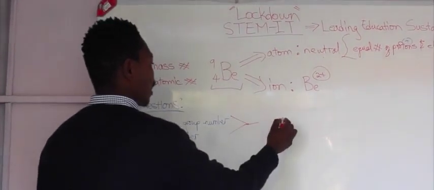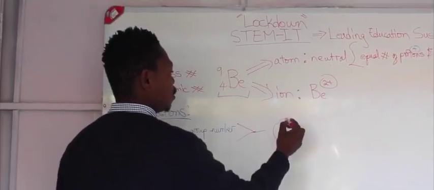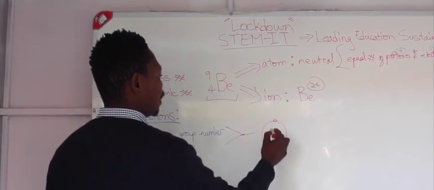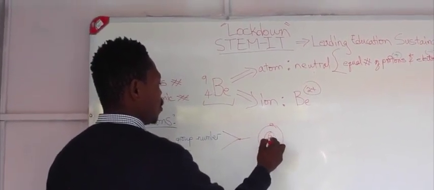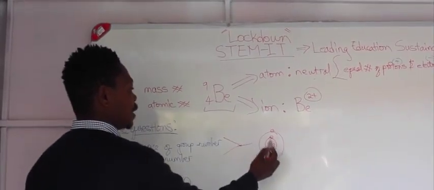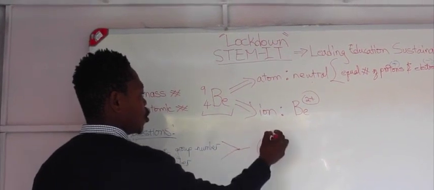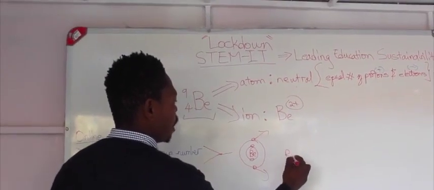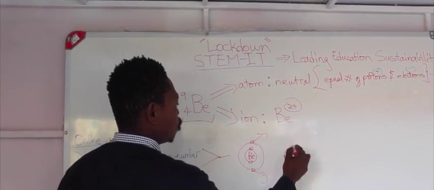In the outermost shell, it had 2 electrons. It has lost them, and it remains with the other 2, and we said the inner shell only takes about 2 electrons. So if we do away with the outer ones, we are left with beryllium 2+ with only 2 electrons.